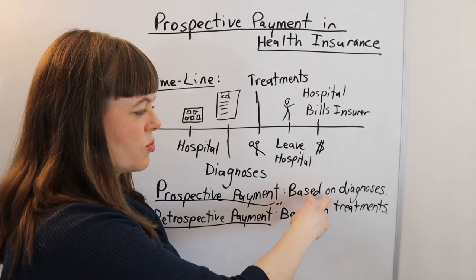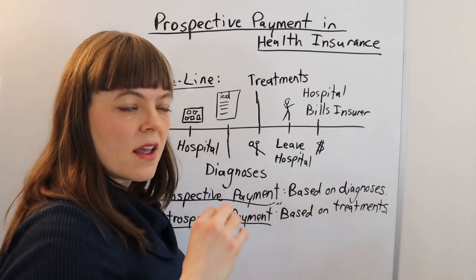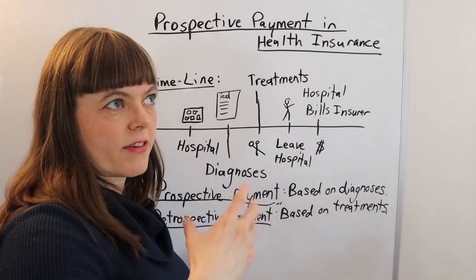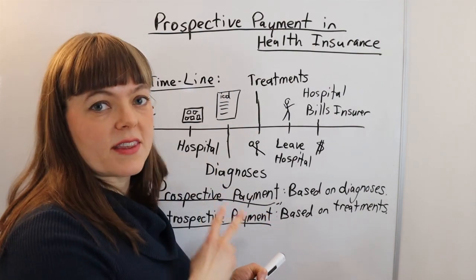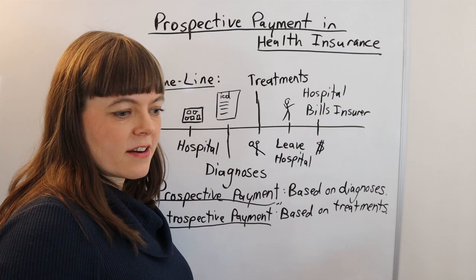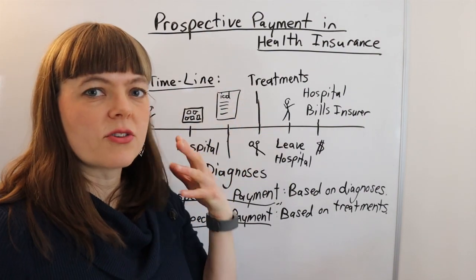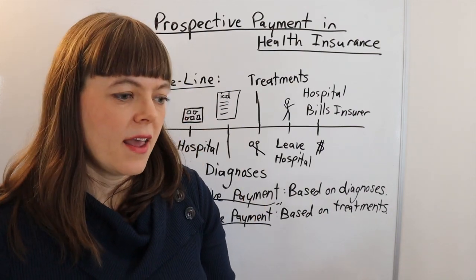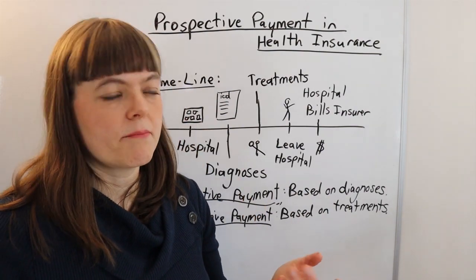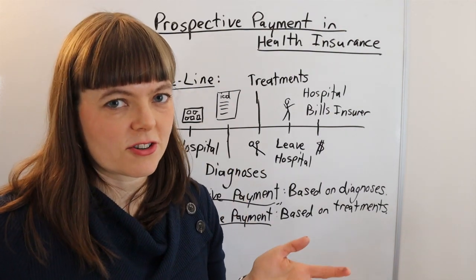By switching to prospective payment, where you're paying based on diagnoses, the insurer can come up with what is appropriate treatment for patients with these diagnoses. And there's going to be some risk there. It could be that with these diagnoses, about 20% of patients need surgery, and the rest just need medications and monitoring and some consultations with the doctor.